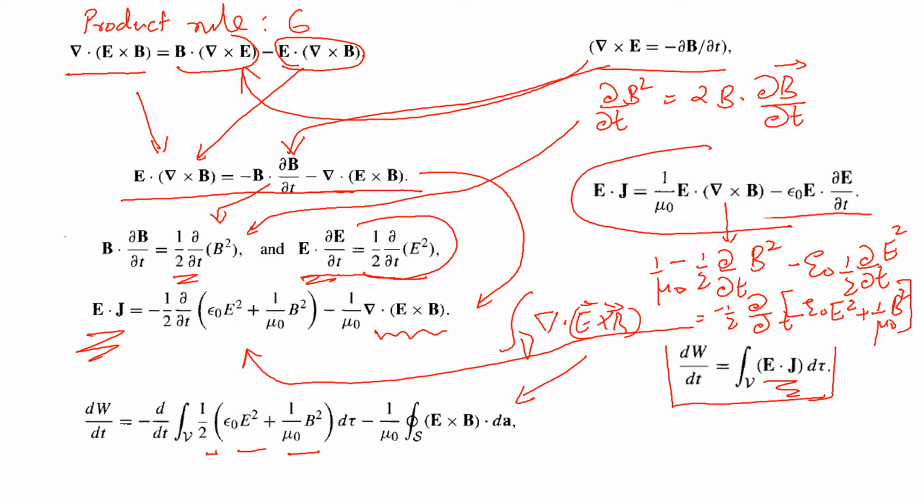So from the volume integral we can convert that to the surface integral: the volume integral del dot E cross B d tau is equal to the surface integral E cross B dot dA.